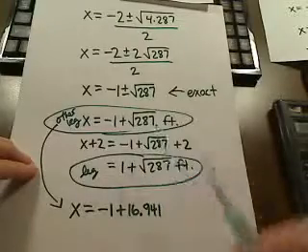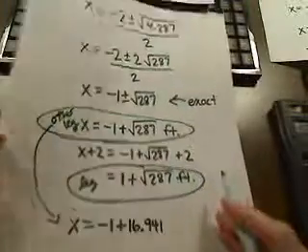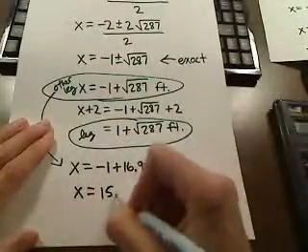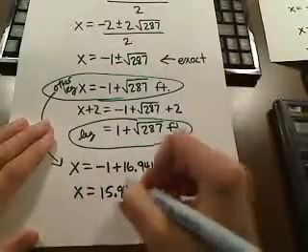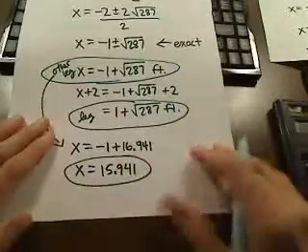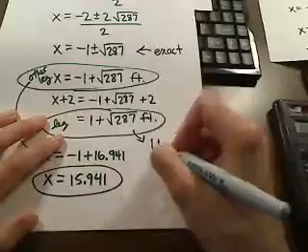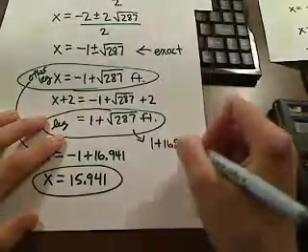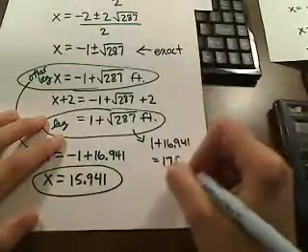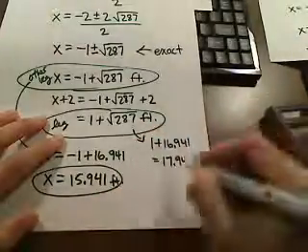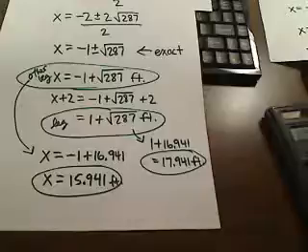So the square root of 287 is 16.941. And then subtracting 1, the approximation here would be 15.941. Okay, the approximation for this one would just be 1 plus 16.941, or in other words, 17.941. And these are all feet. Okay, and that's it in this problem.